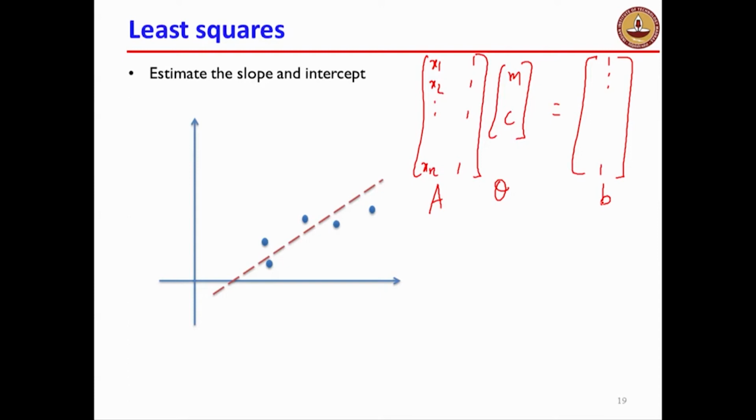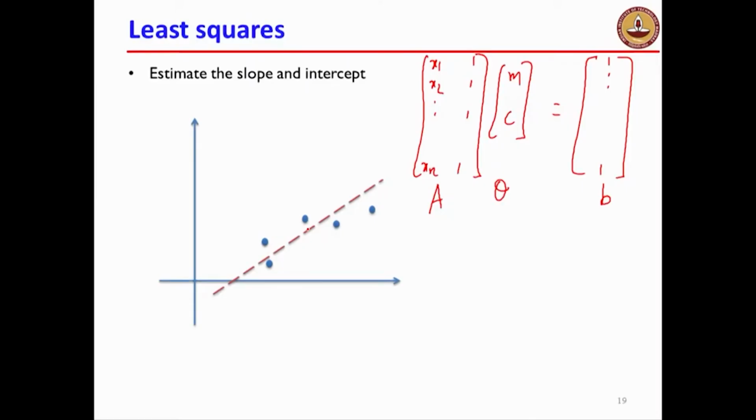If all my data points were correct, all my observations were correct, then they would all be consistent. They would all be satisfying the same straight line equation, and all of them would be lying on the same line.